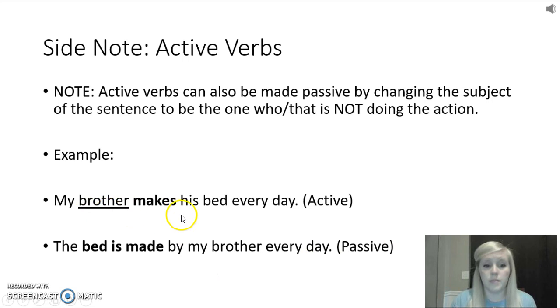Makes is the verb. The brother is the one making the bed, so it's active. But if we wanted to make it passive, we would just need to change the subject of the sentence. So we would say, the bed is made by my brother every day. In this case, bed is now the subject, and it's not making itself, so now the verb is passive. That is how you would take an active verb and make it passive.